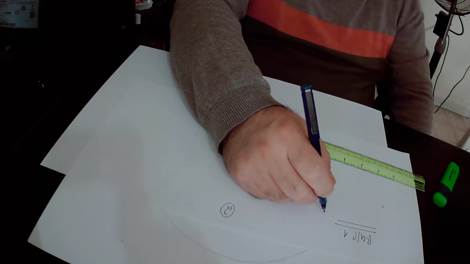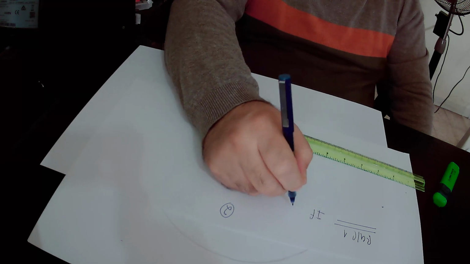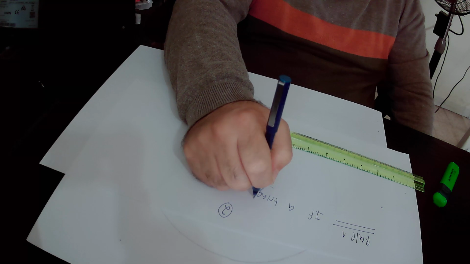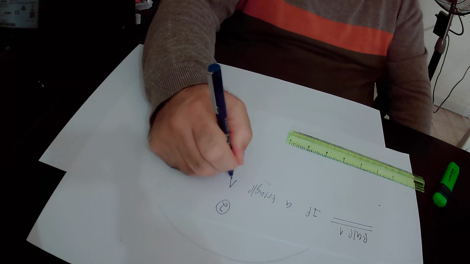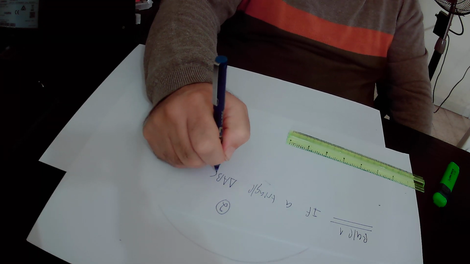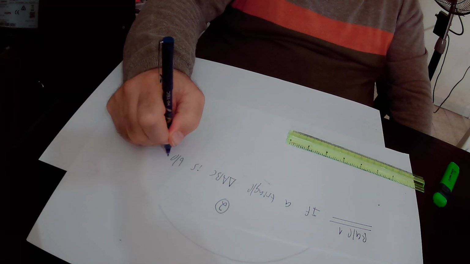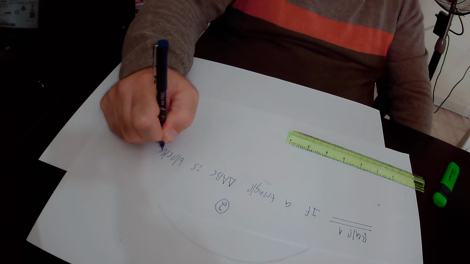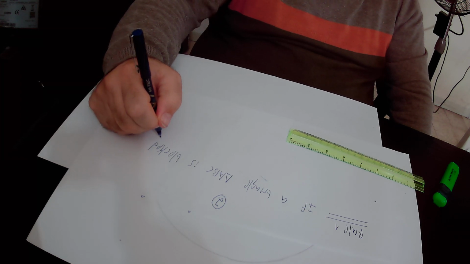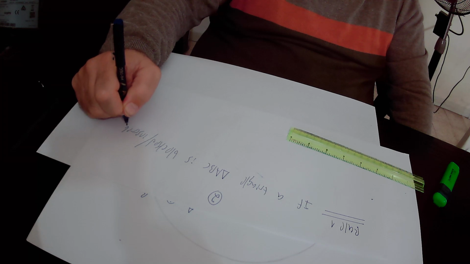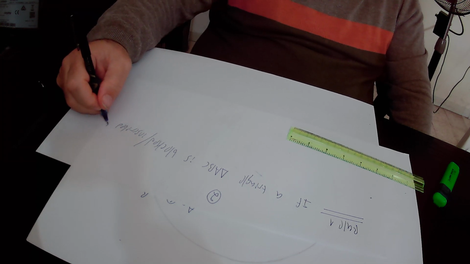According to rule number 1, if a triangle ABC is blocked, you can use the word blocked or inscribed, by a circle.